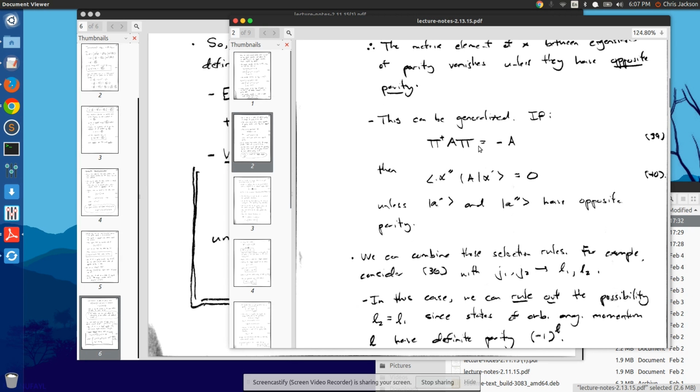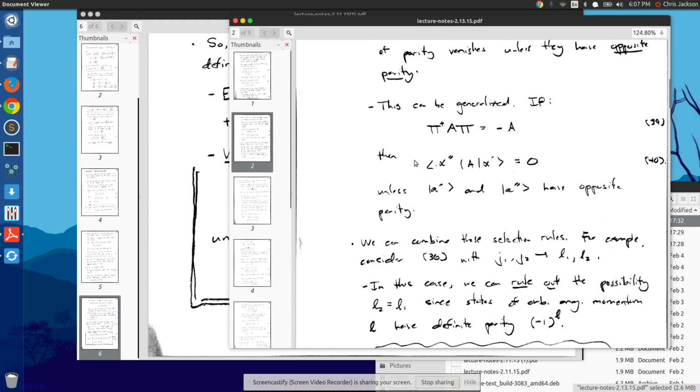If the operator is odd under parity, then these matrix elements, and I just noticed that these alphas should be A's, are going to vanish because this operator imparts parity onto this state, so this will be zero unless these two have opposite parity.